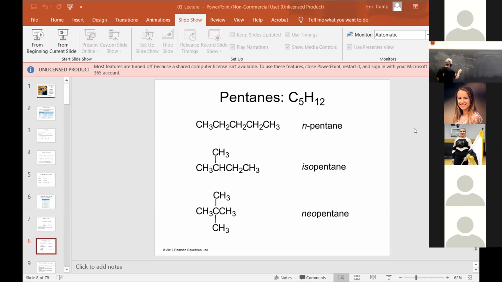This is like isopropyl, but then you have an extra CH2. Make sure I'm still on screen. So this is an isobutyl. And then if we keep adding CH2s here, this is now an isopentyl.